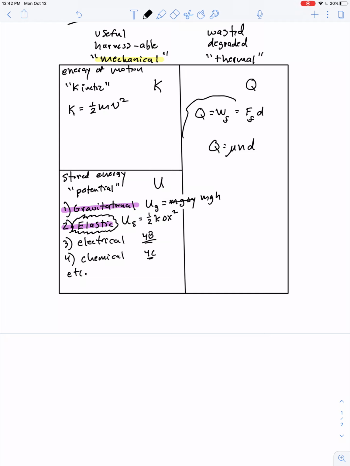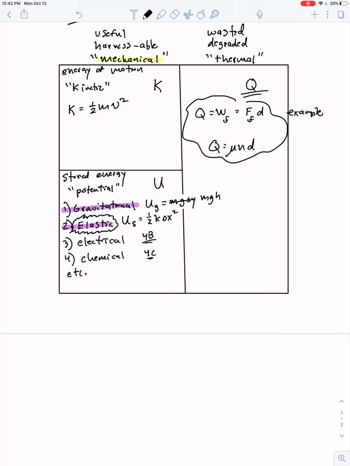But that's just one example. The Q value could also be a result of non-conservative forces like air resistance or fluid drag. And in that case, it's much more difficult to calculate the Q value.